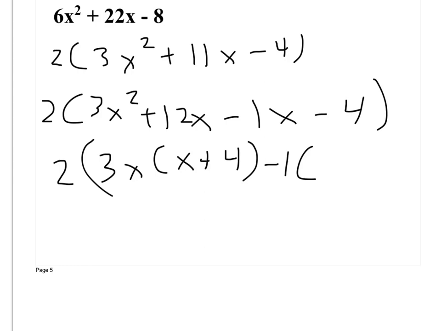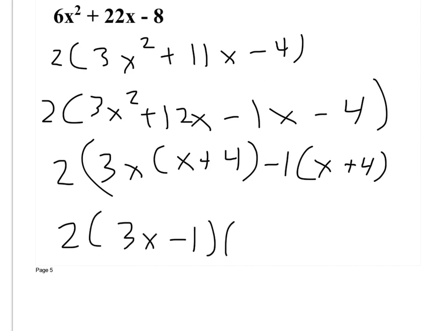Negative 1. Because I've got to make this look like this. What is left when I factor out negative 1x? X. What's negative 4 divided by negative 1? Positive 4. So then I combine what's in front and I combine what's in back.